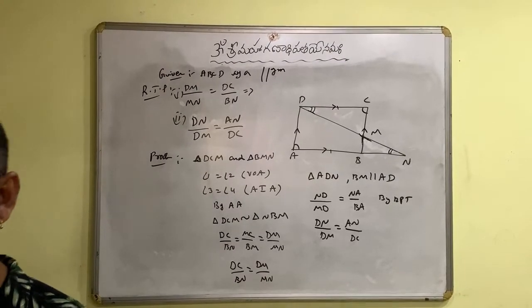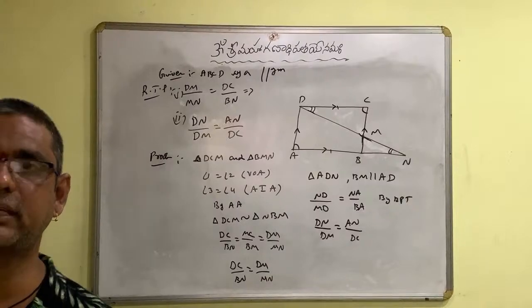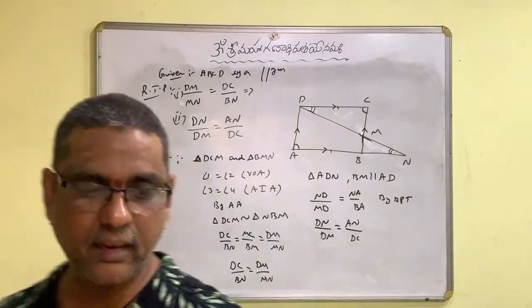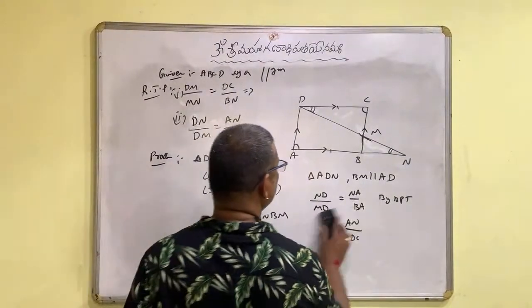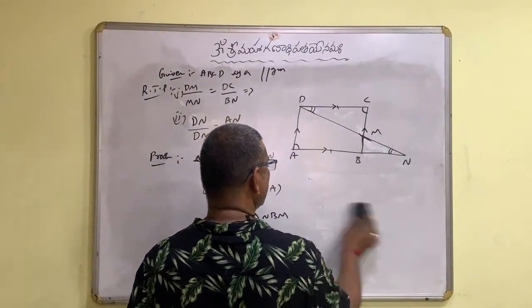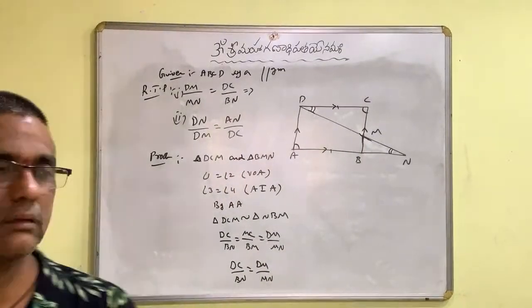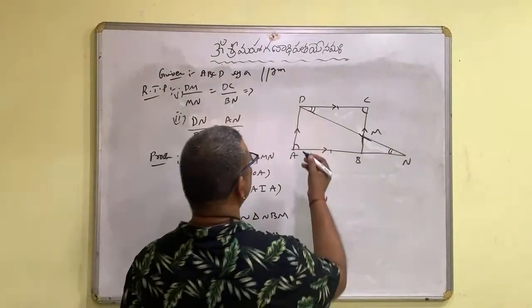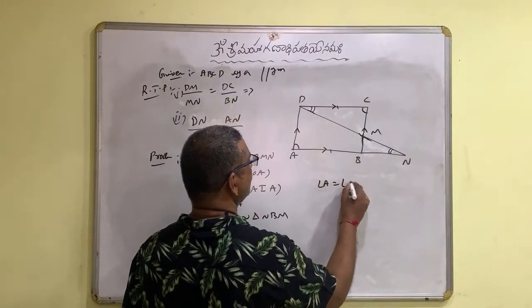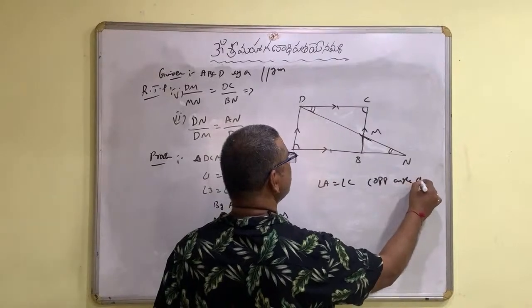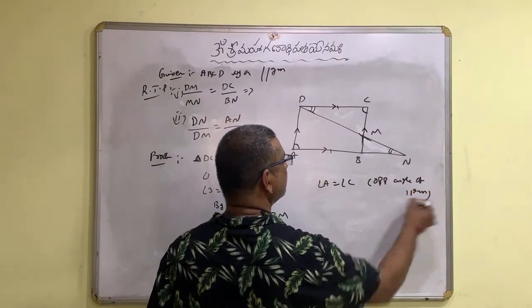CBSE, corresponding parts of similar triangles. What is that? Angle A is equal to angle C, opposite angles of parallelogram.